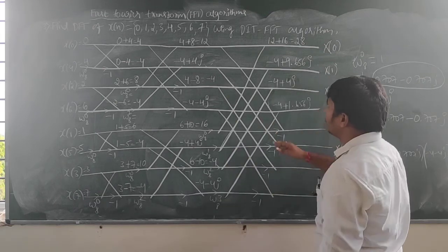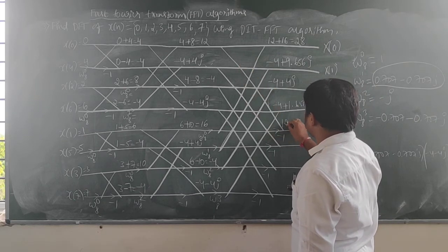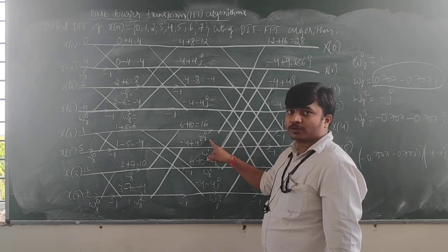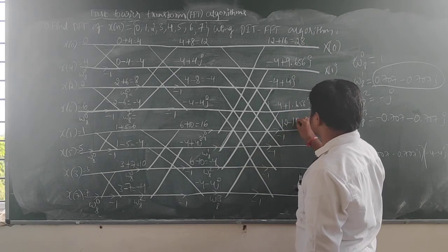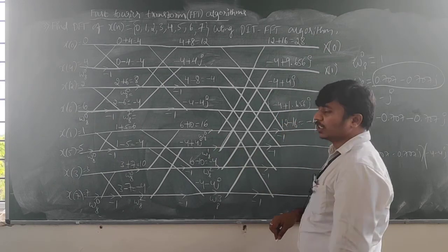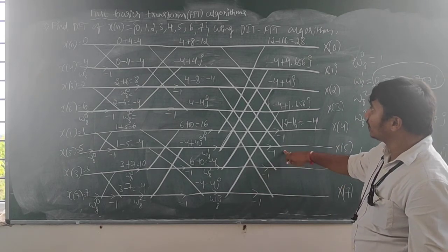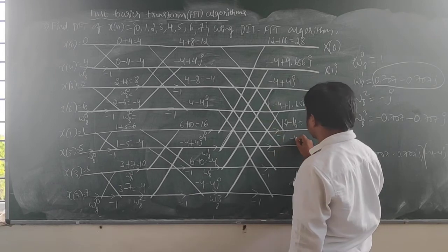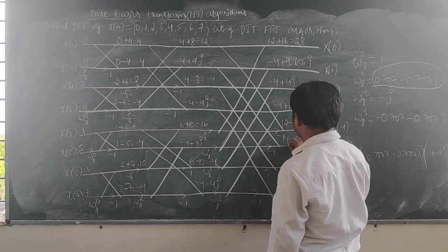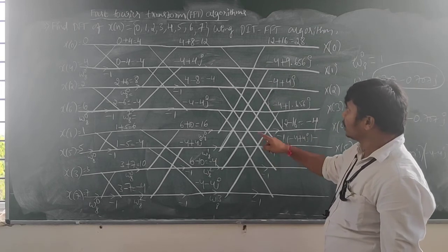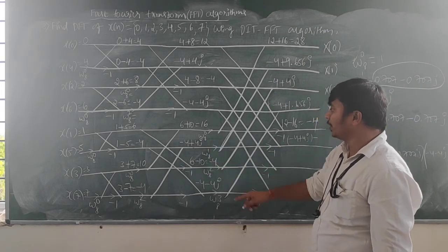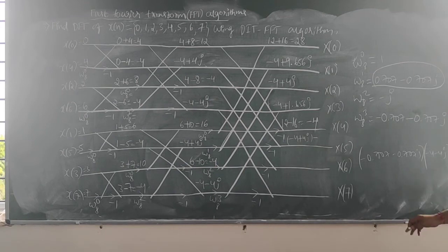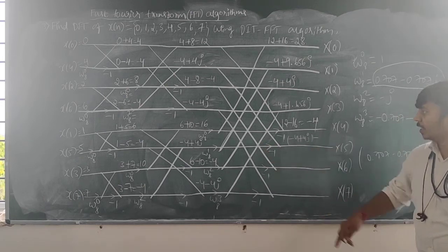Okay, so here 12 is coming. 12 minus W8 power 0 is 1. 1 into 16 is 16. 12 minus 16 it is minus 4. Okay, so here minus 4 plus 4j is coming, minus W8 power 1 into minus 4 plus 4j. So W8 power 1 value is 0.707 minus 0.707j into minus 4 plus 4j.